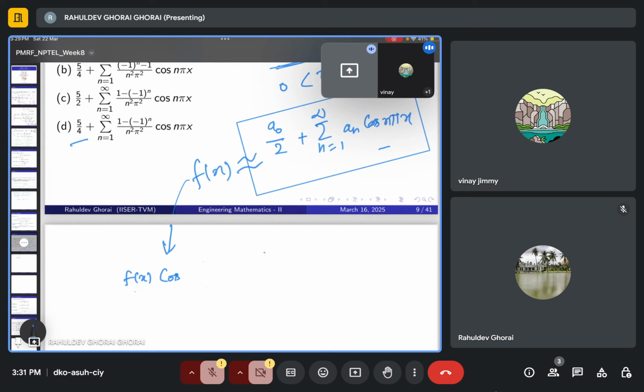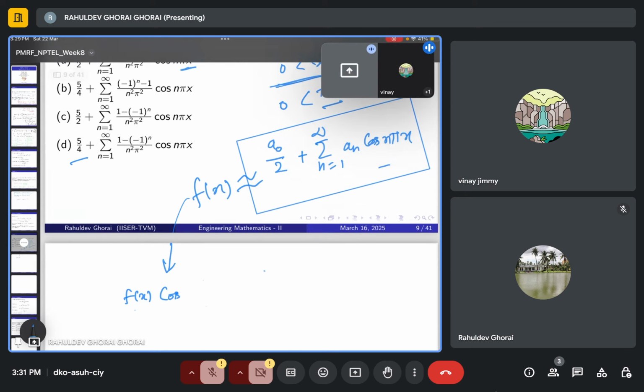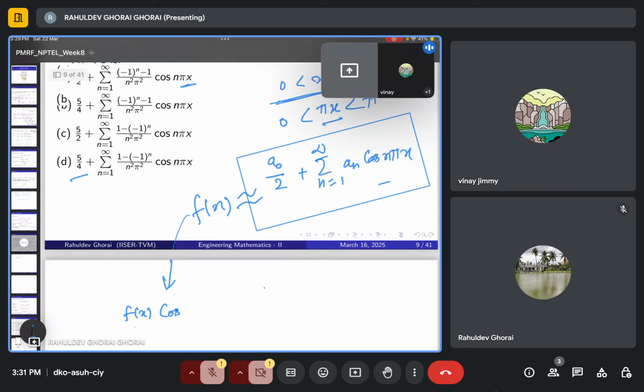But how do you evaluate this a naught? Why is it two times something? A naught by 2 is there, right? So this two will be okay.